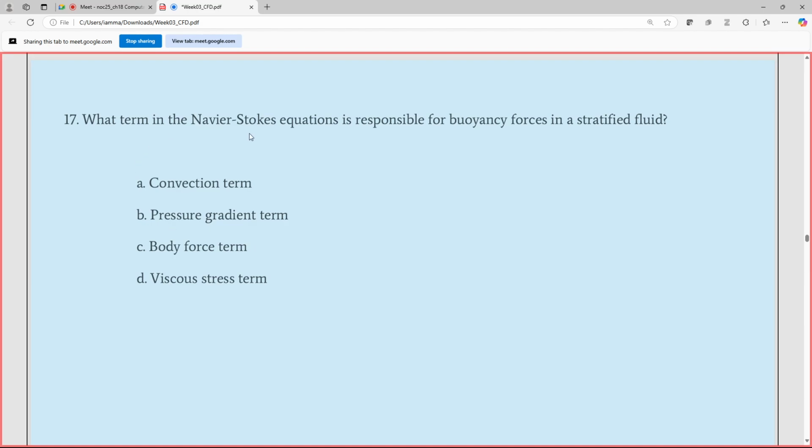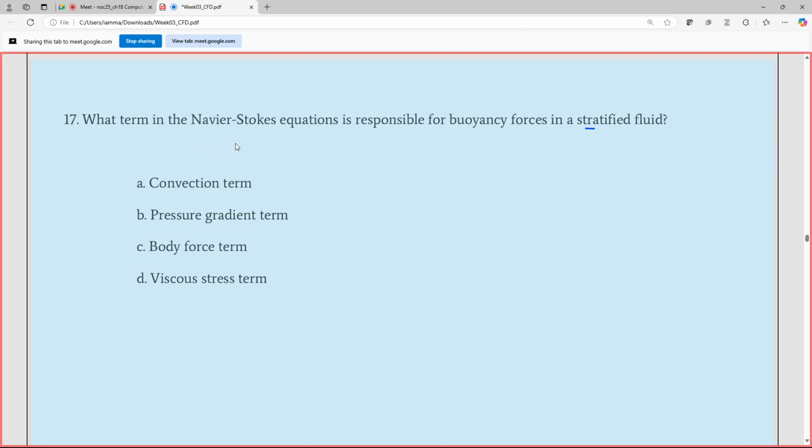What term in the Navier-Stokes equation is responsible for buoyancy forces in a stratified fluid? The question is on buoyancy forces. Options are option A, convection term, option B, pressure gradient term, option C, body forces term, option D, viscous stress term.